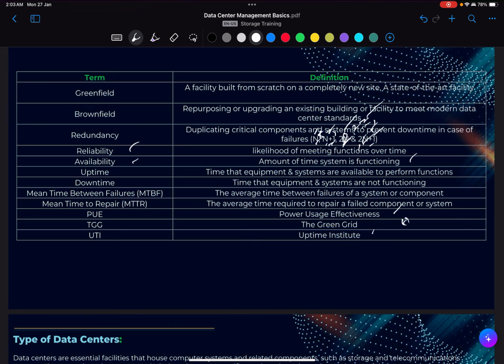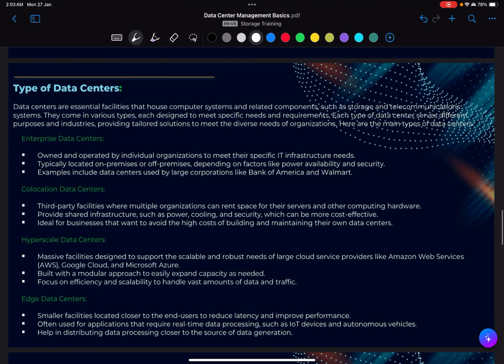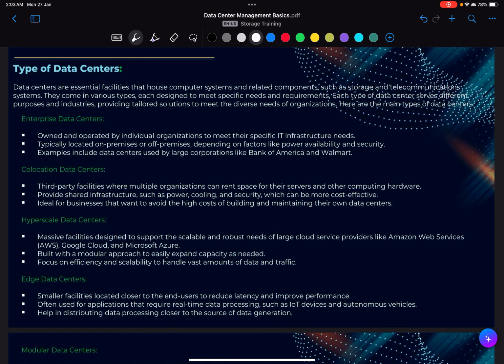So now let's go further and talk about the types of data center. We already talked about what a data center is, so we will not go there again. When you talk about the types of data center, first comes the enterprise data center, which is owned and operated by an individual organization to meet their specific IT infrastructure needs, typically located on premises or off premises, depending on factors like power availability and security.